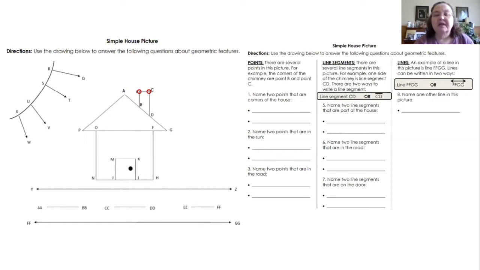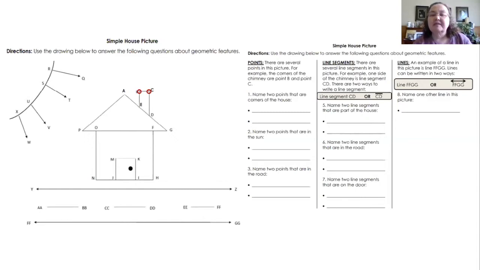Number 2 says, name 2 points that are in the sun. And number 3 says, name 2 points that are in the road. And when you're finished, let's move on to line segments.